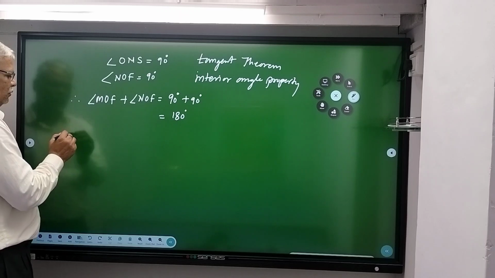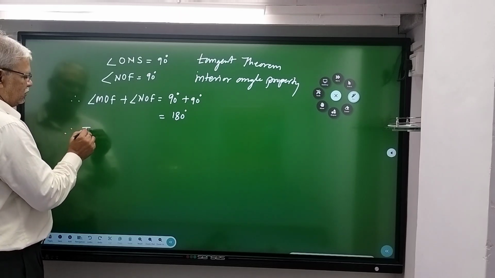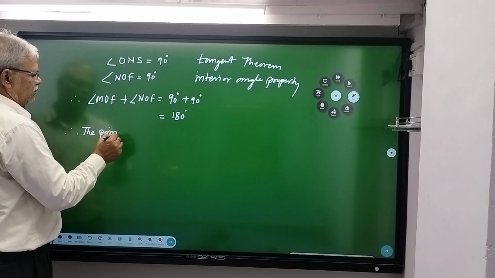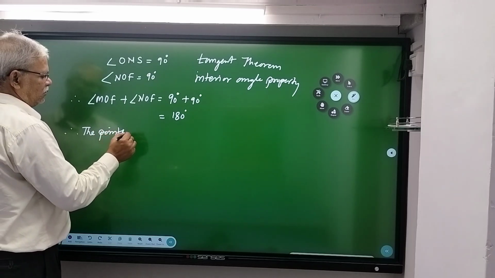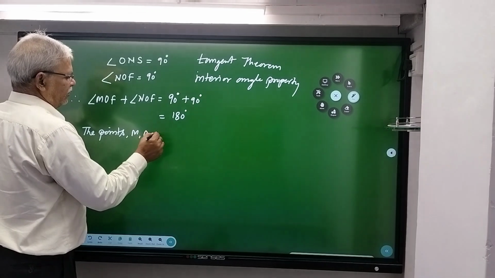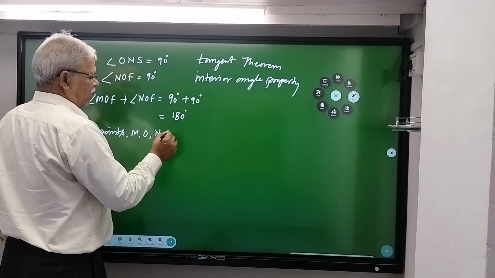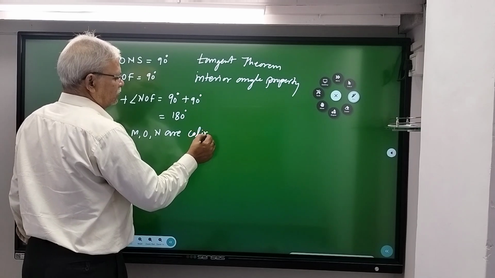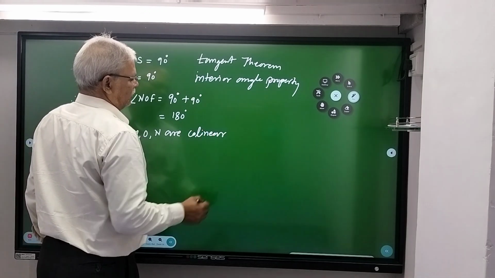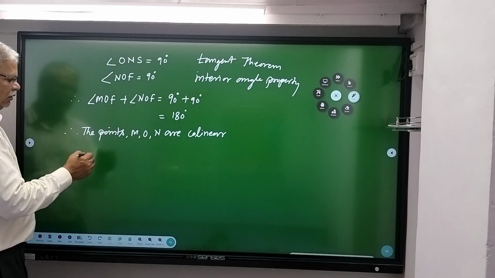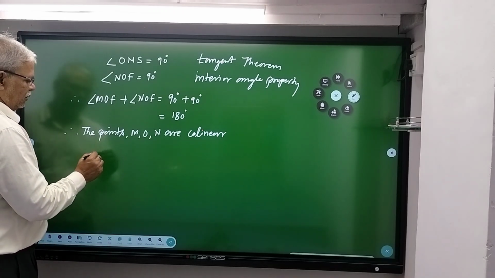Therefore, the points M, O, N are collinear, and as they are collinear, what will happen?